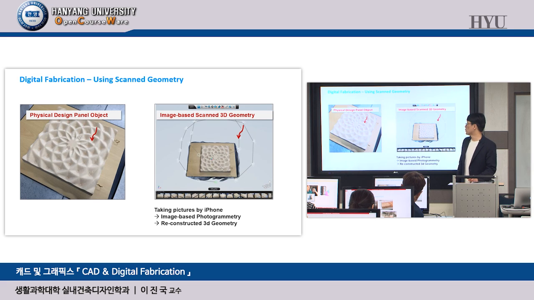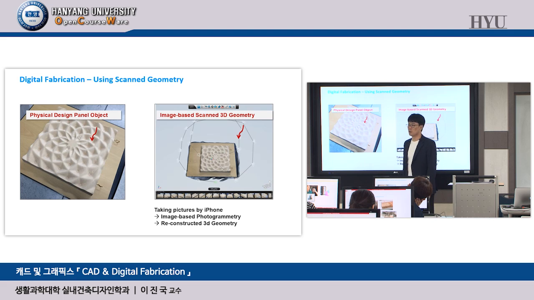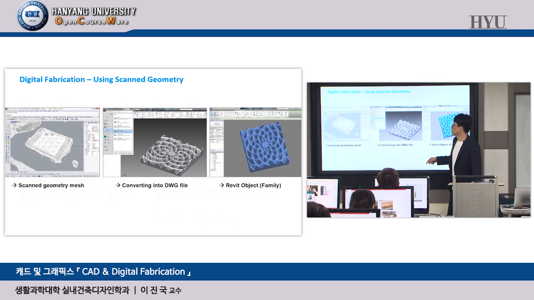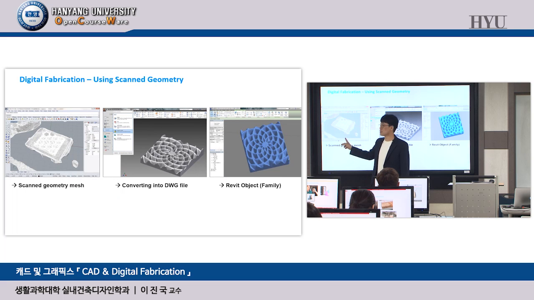So I'm going to show you how to use that kind of application for your design or 3D printing and so on. Take a look. Physical design panel object. This is a real panel object, okay? But by using your smartphone, taking a series of pictures like this way, the geometry can be imported to your computer tools in order to edit, okay?